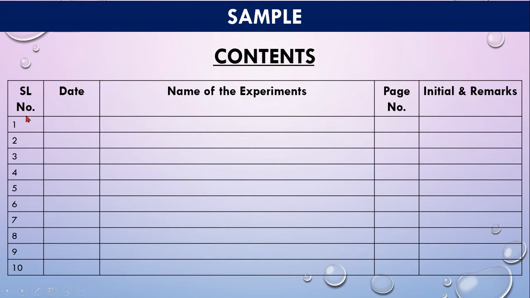Here you can find the serial number, date, name of the experiment, page number, and initial remarks. You have to fill up the date, the name of the experiment serially, and the page number as well, from where to where, and initial remarks. This will not belong to you. Teachers will fill up this part after examining the practical copy.